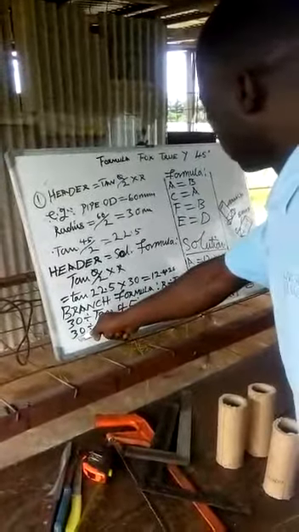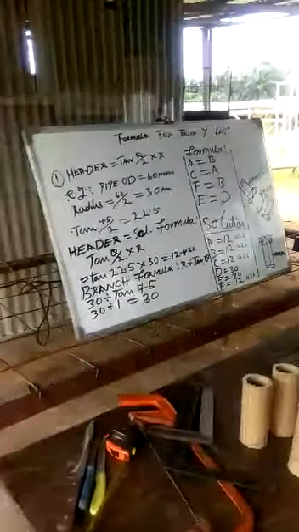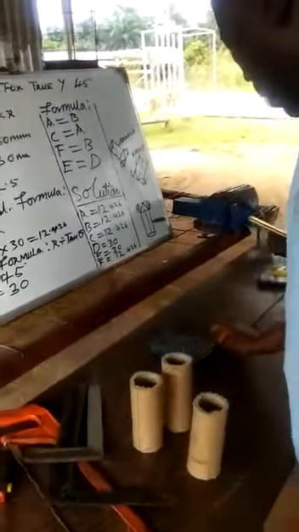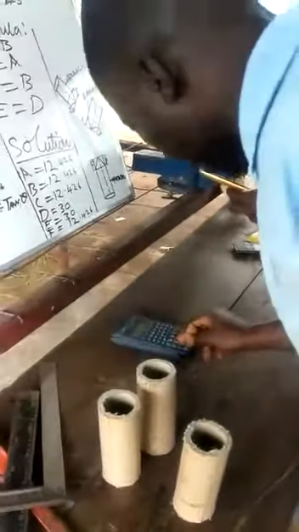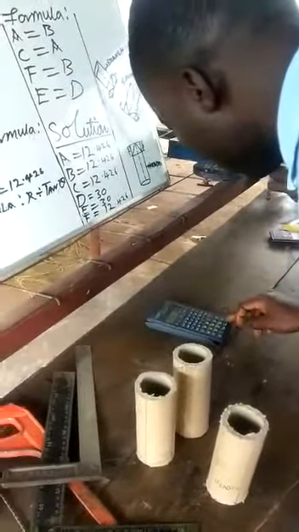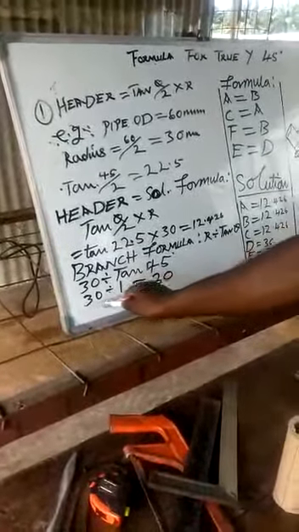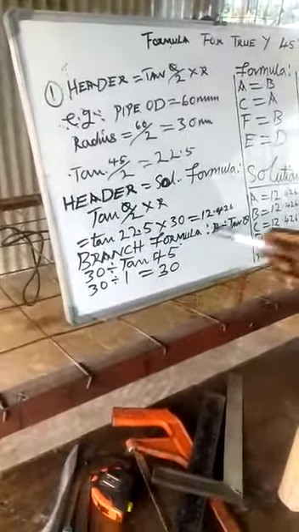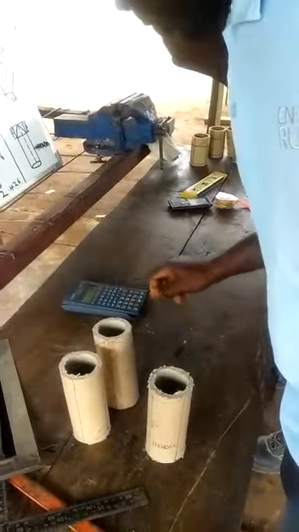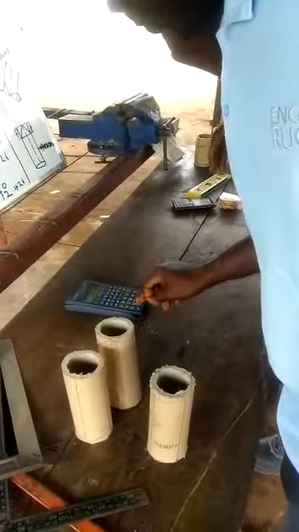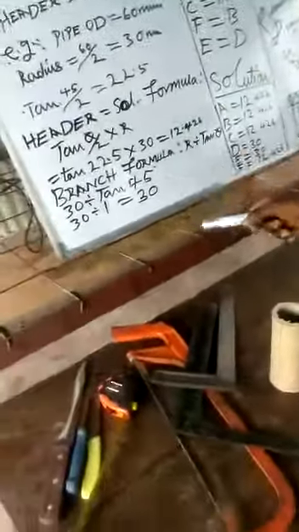Then 30 divided by tan 45, and tan 45 is 1. So 30 divided by 1 is 30. Go to your calculator, press 30 divided by 1, equals 30. So 30 becomes the answer for the branch.